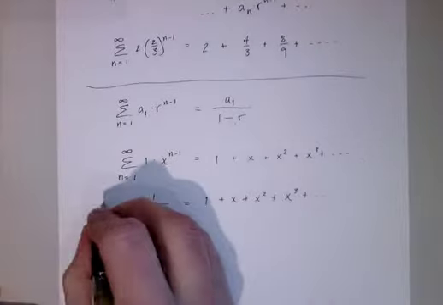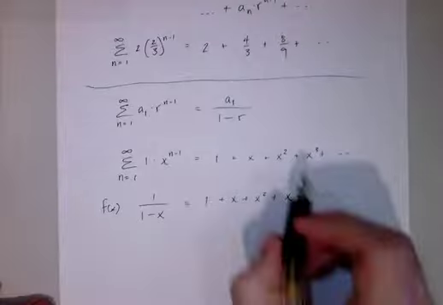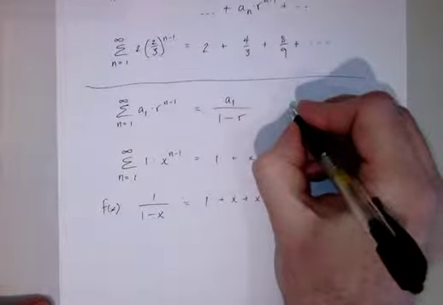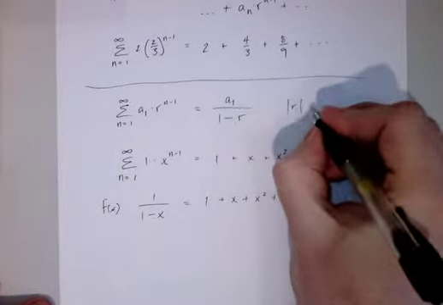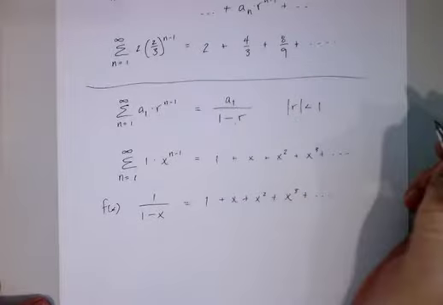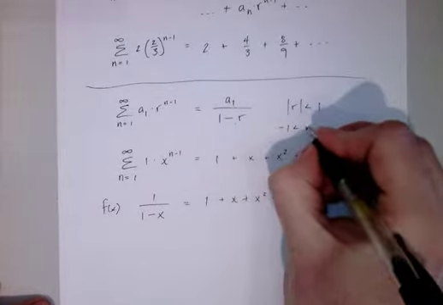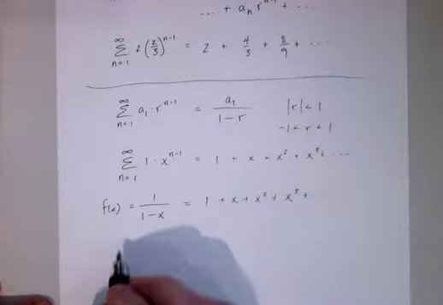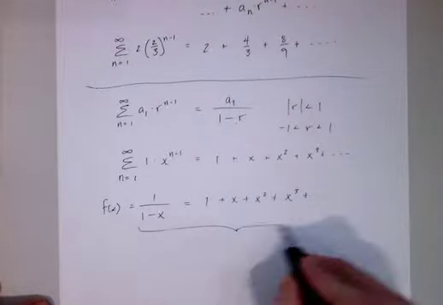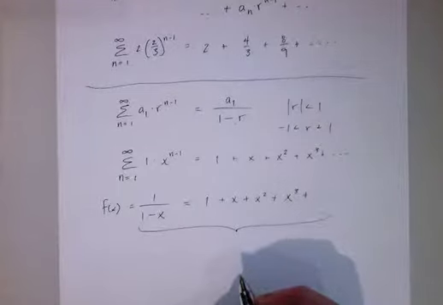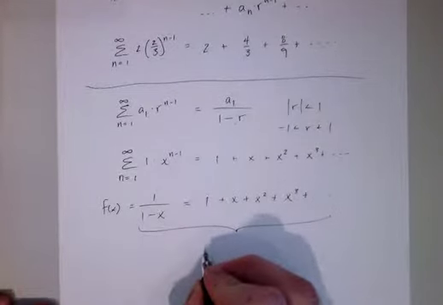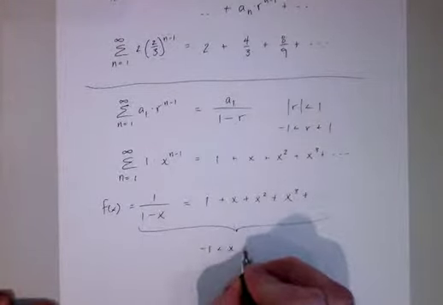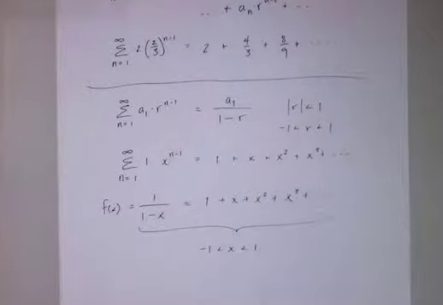Now, remember that this relationship right here is only for when the absolute value of r is less than 1, which is a nice way of saying between -1 and 1. Okay? So since we replaced r with x, this is only true between -1 and 1 for x.